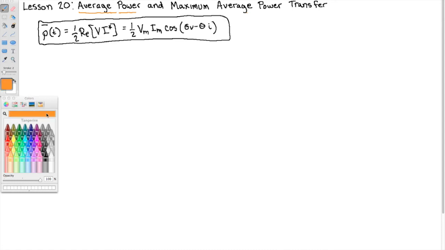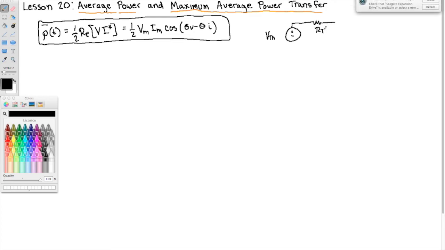Now we're going to move to maximum average power transfer. So let me just remind you, in DC, when we acquired the Thevenin equivalent circuit of a DC circuit, we found that the resistor that we wanted to connect to the circuit ended up being equal to the Thevenin resistance.